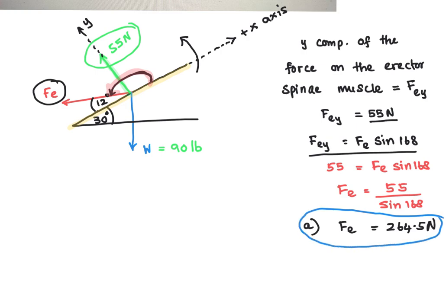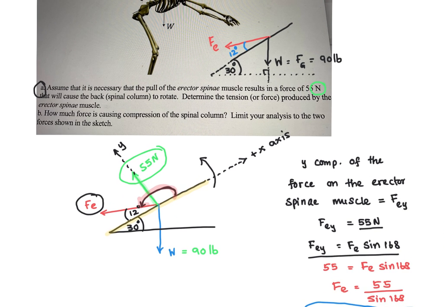Now please go back and check the question. Assume that it is necessary that the pull of the erector spinae muscle results in a force of 55 Newton that will cause the back to rotate. So what is the pull of the erector spinae muscle?